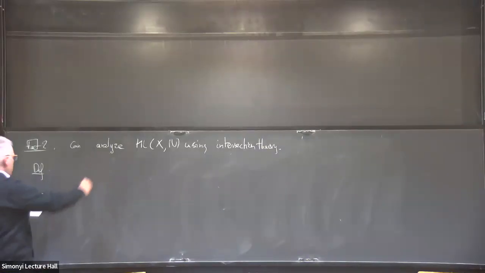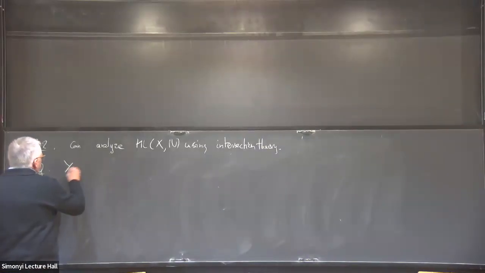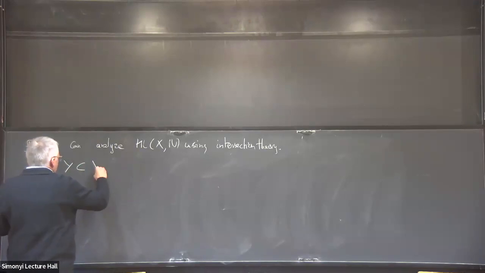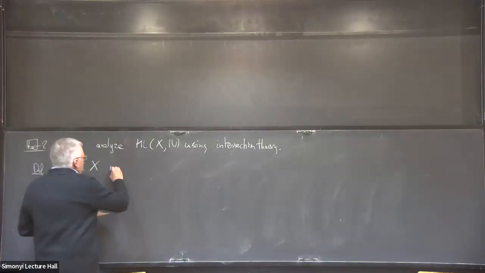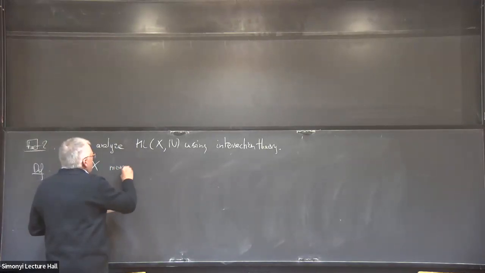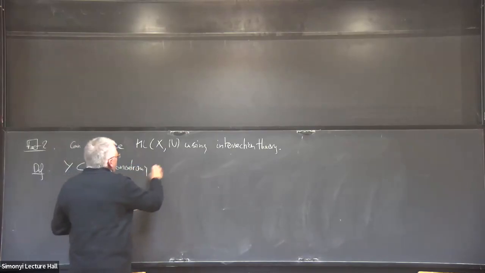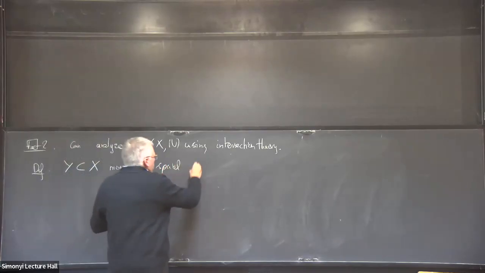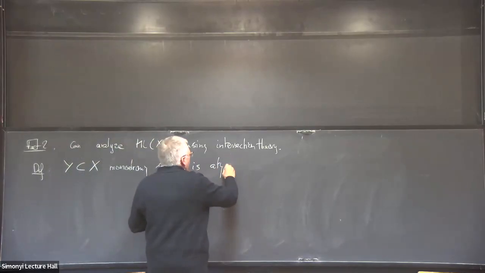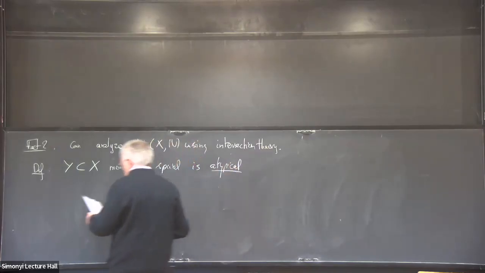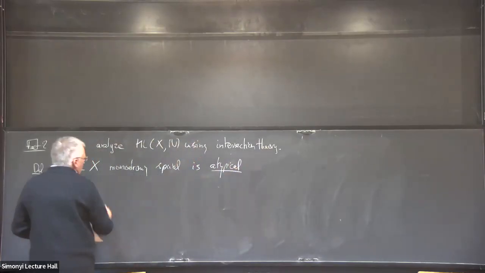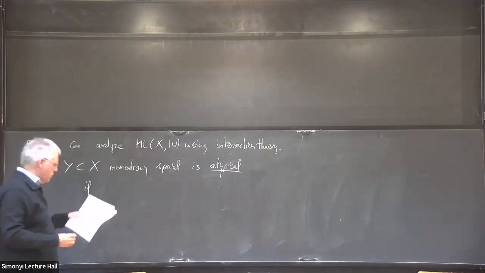Okay, using intersection theory. So the definition is that in this setting, you can define a notion of being rare, which is, suppose I'm monodromy special. And then I will say it is atypical, which is a notion we used the entire week, if it does not have the expected dimension, but the larger dimension.